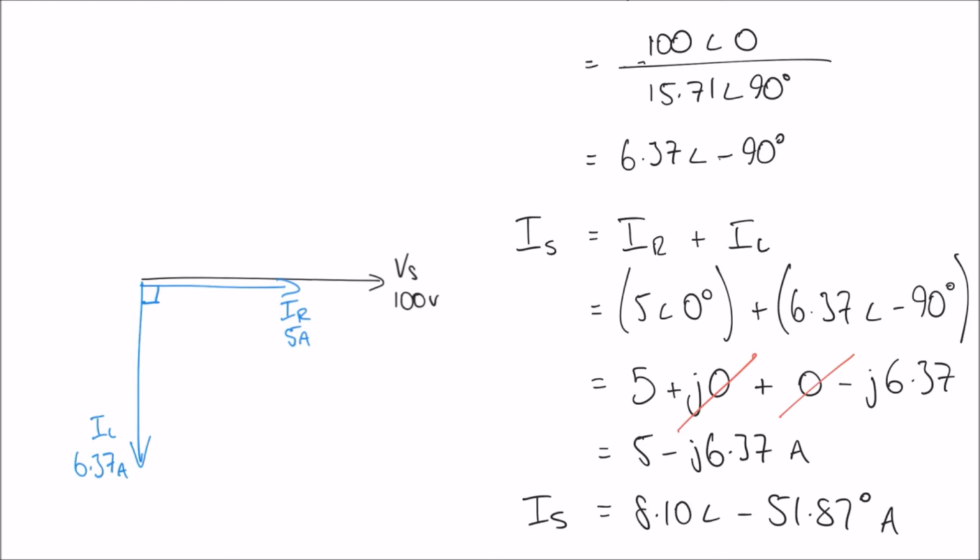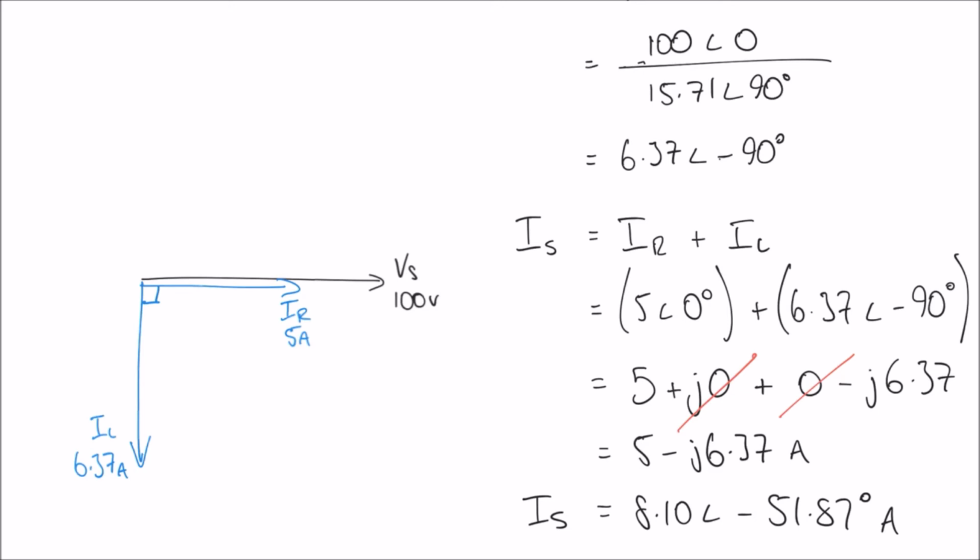Notice as well what I've tried to do, now that I have more than one current, I've tried to draw them to scale. I've not done a very good job, and I'm sure when you carry out your own examples you'll do a better job than me, but here a current of 5 amps and a current of 6.37 amps, the length of the actual arrow of these phasors should correspond with the magnitude of the current in question.